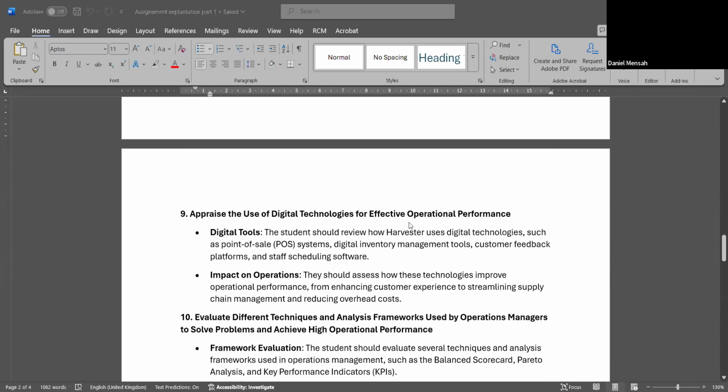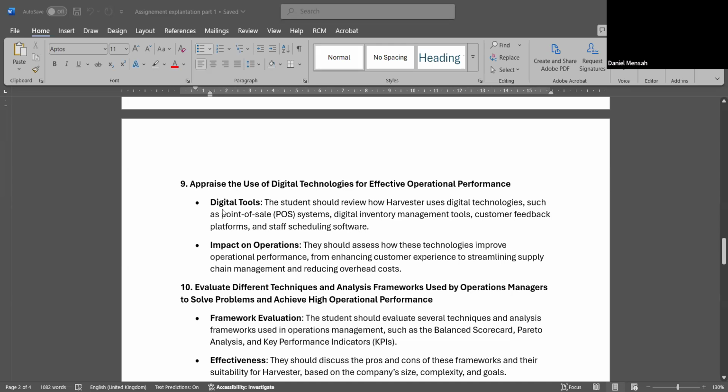Then you are going to appraise the use of digital technologies for effective operational performance. We have studied how technology enhances or helps operational performance, from the Harvester point of view, because it is the restaurant industry. They use digital technology according to their requirements, so see what kind of technology they are using in their restaurants and how they are bringing an impact on their performance or on their operations.